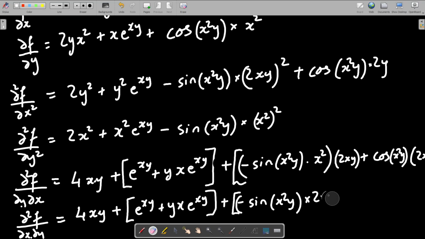Derivative of the inside term, so 2xy it will be, multiplied by 2xy, and there was an x² already over here.